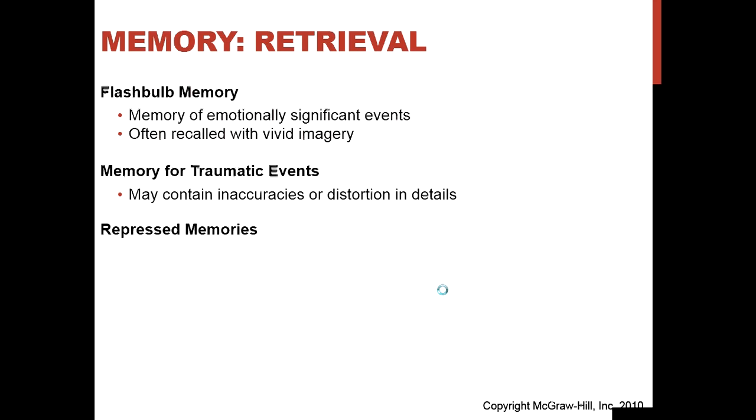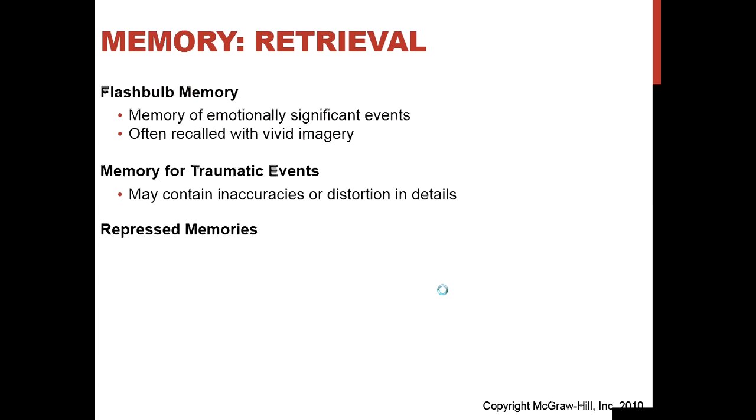Not because we don't have a good memory, but because we are so bombarded with all these other things that sometimes those other things get into the mix of this traumatic event. So it's sometimes very difficult, and we'll talk about eyewitness testimony in a second, but sometimes it's very difficult to know whether or not something actually happened.